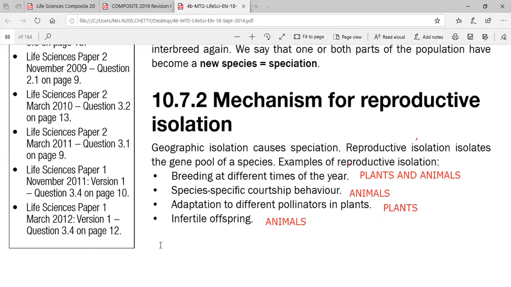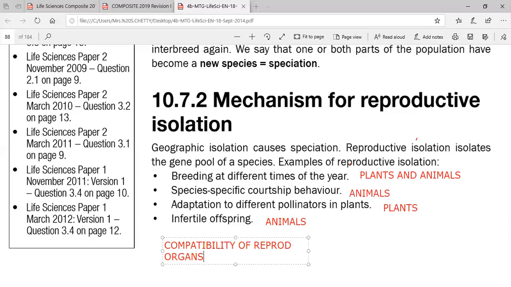And what is the one that's missing over here? It is the incompatibility of your reproductive organs. You'd find that there must be a fit between the reproductive organs for them to have babies.